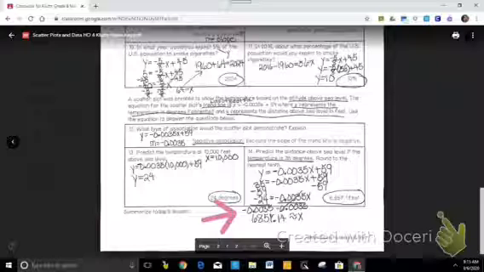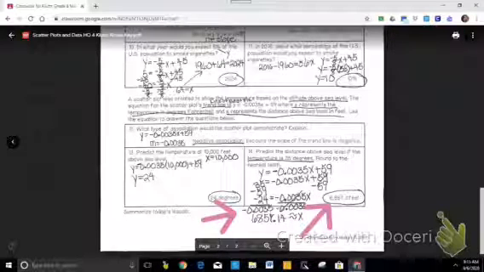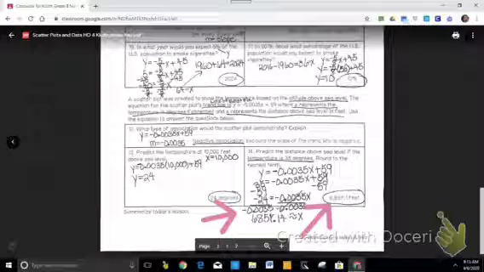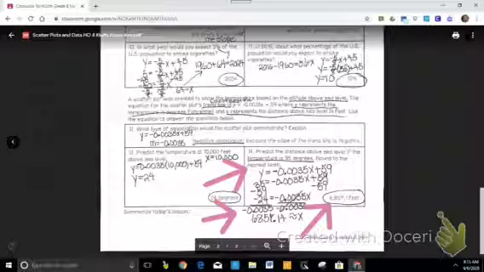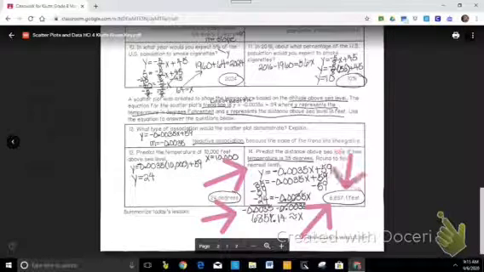And negative 24 divided by negative 0.0035 equals 6857.14, which rounds to 6,857.1 feet. Or you could have rounded to just 6,857 feet, except they said round to the nearest tenth.